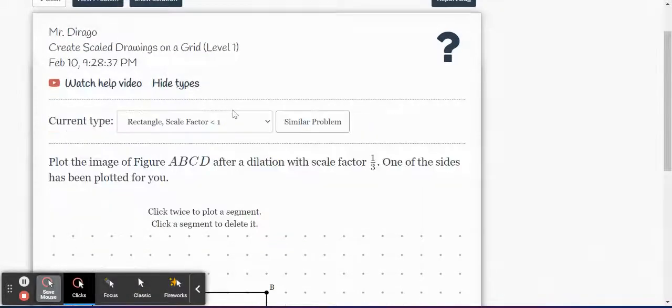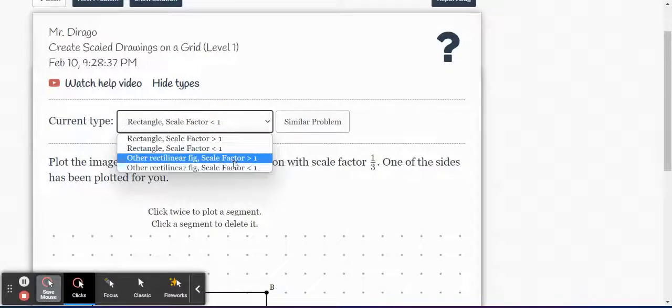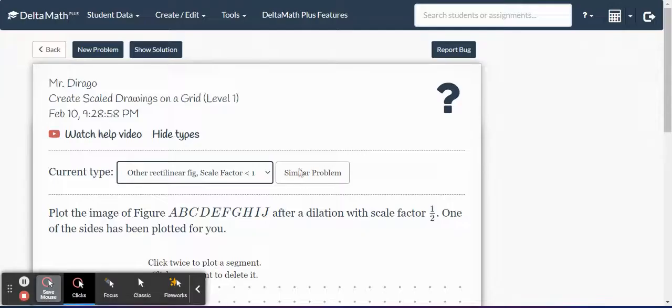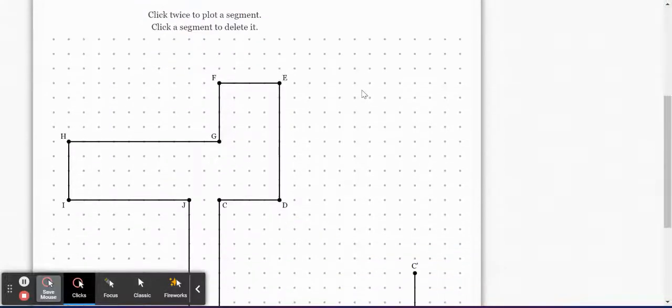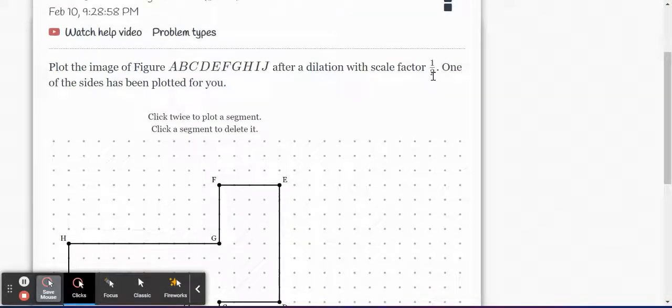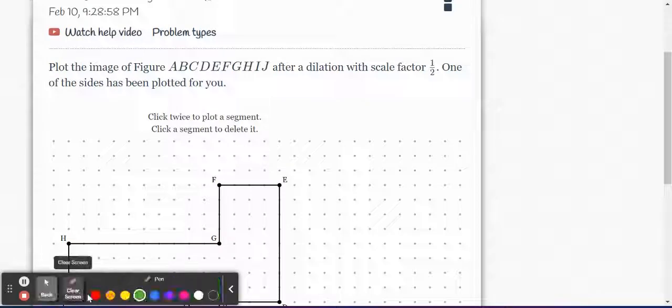I want something smaller than 1 on this. Here we go. Perfect. 1/2. So my scale factor on this one is 1/2. So just be aware of that.